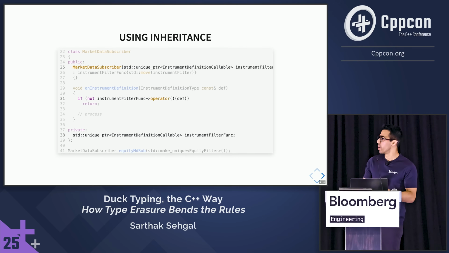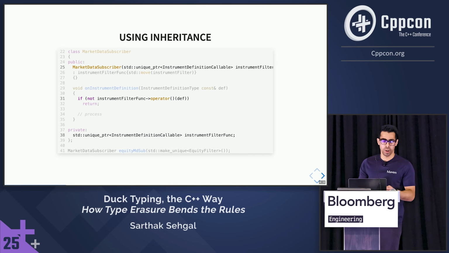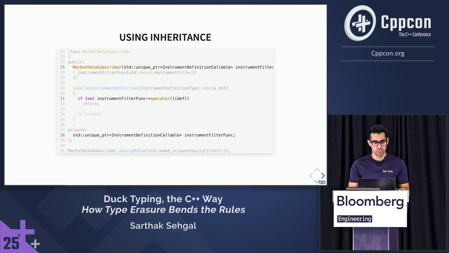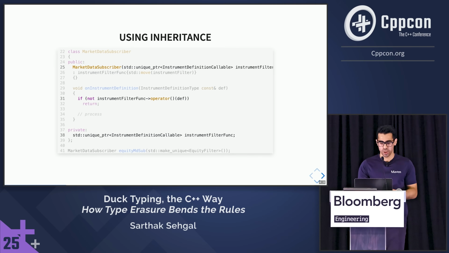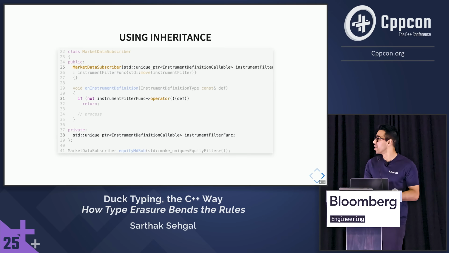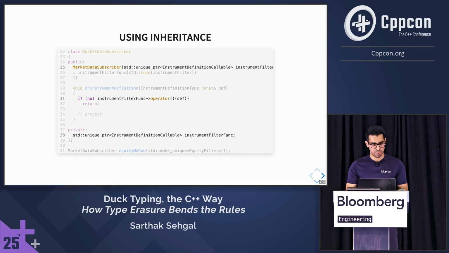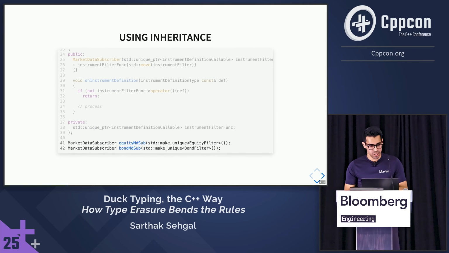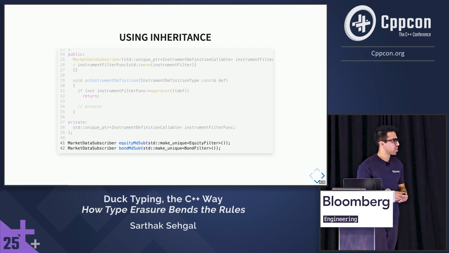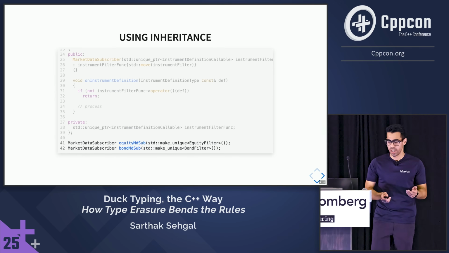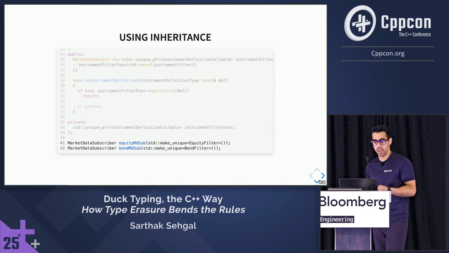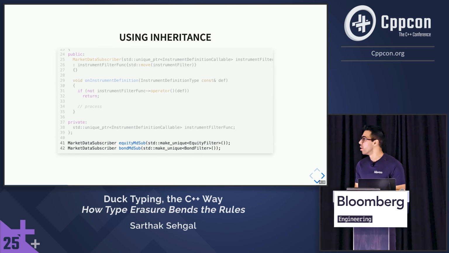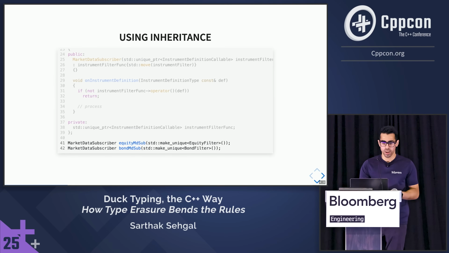It is running off the slide. I could have used raw pointers here to ensure that it's within the box, but I know some of you would complain if I use raw pointers. So now I have this market data subscriber. It has an equity market data subscriber or a bond market data subscriber, with different implementations, both derived from the base class.